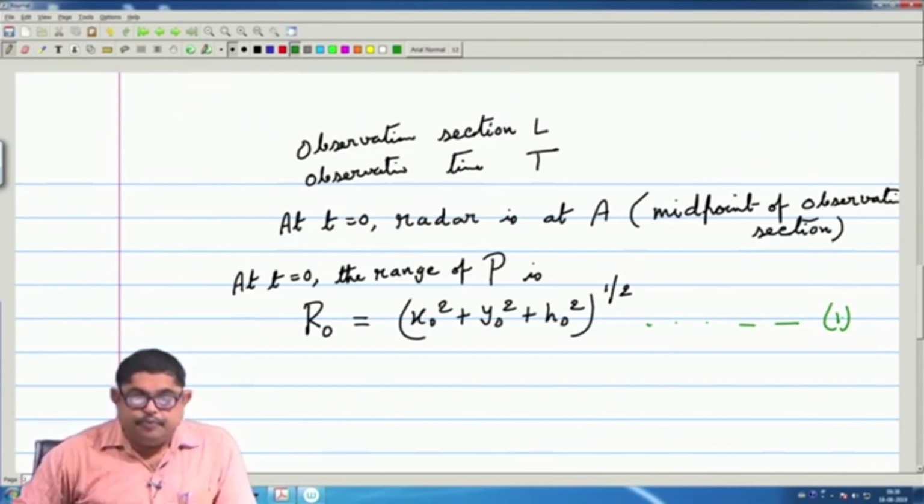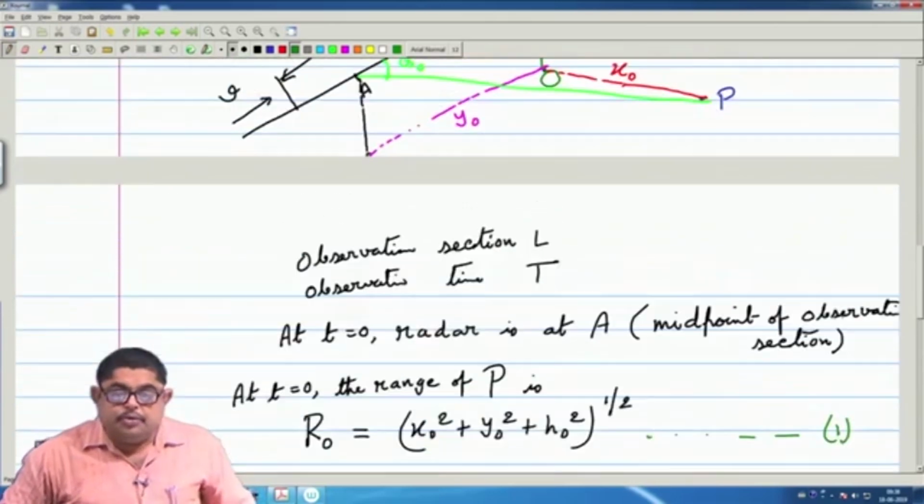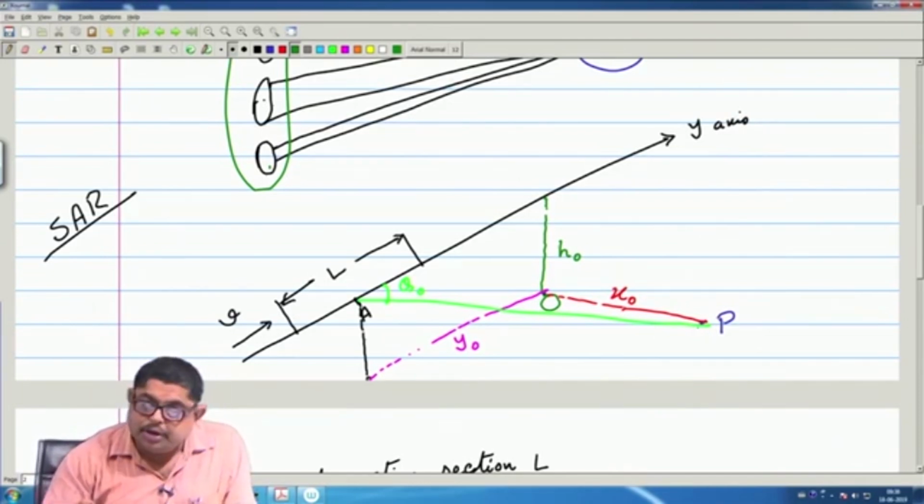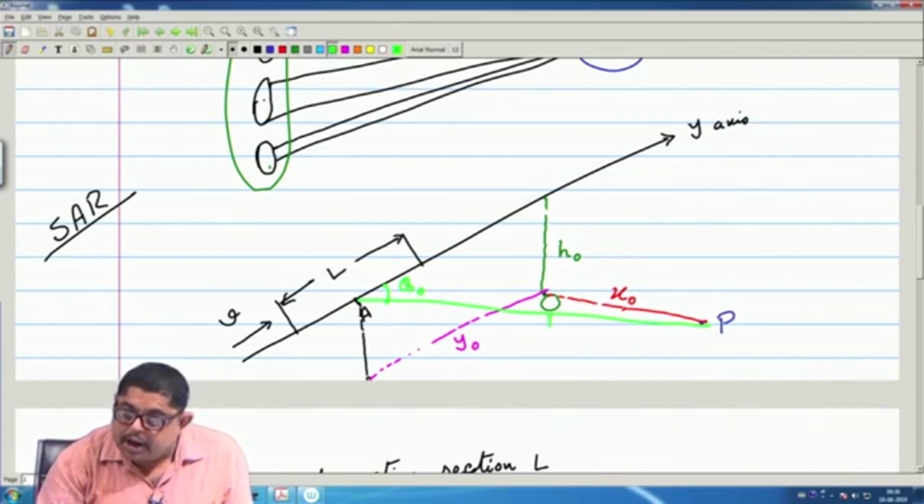and at A, the angle between the velocity vector v and the range vector r naught. I should better write this with this green color.